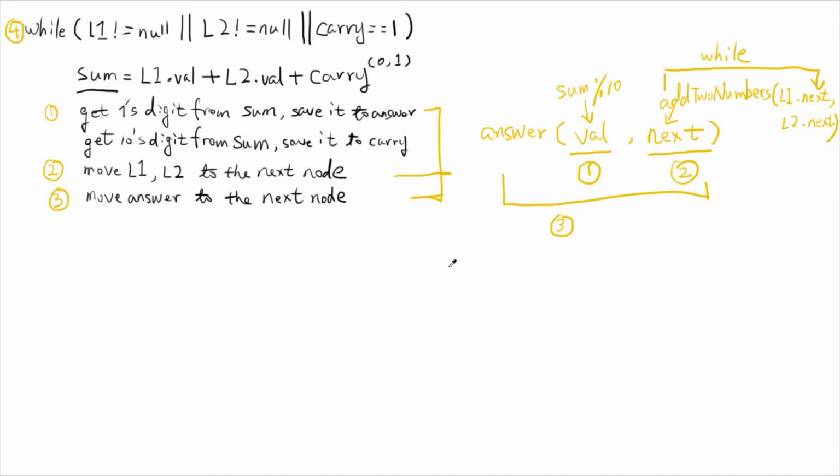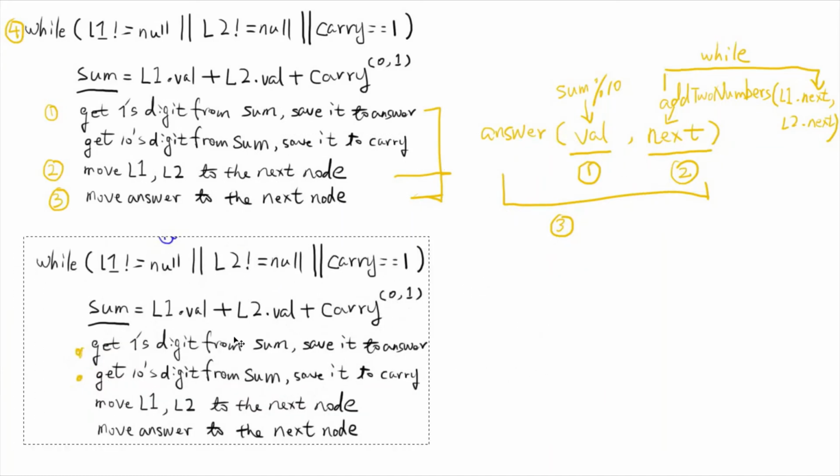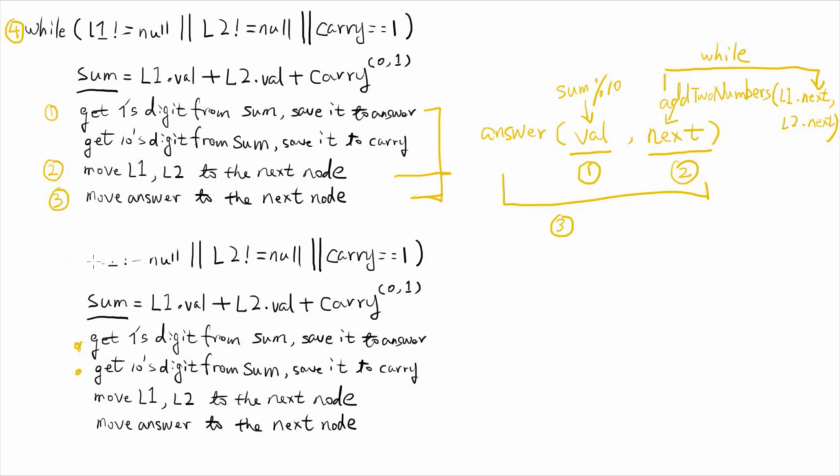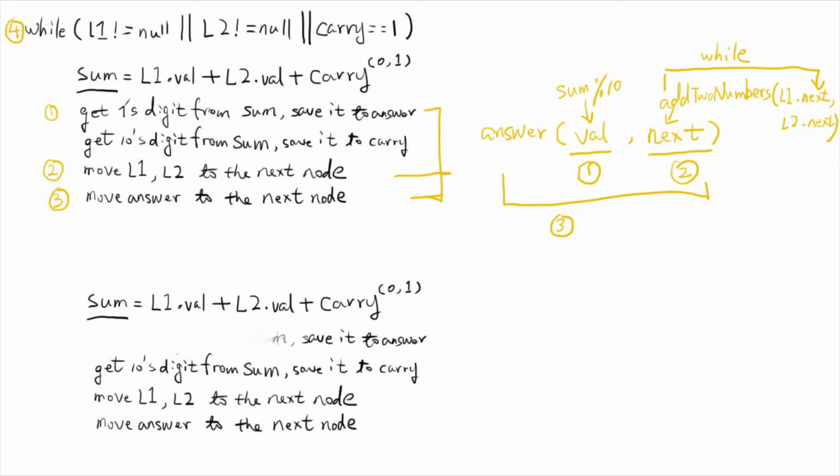So our new code will be like this. We'll erase the while loop, and we'll erase the number 1, number 2, and the number 3.